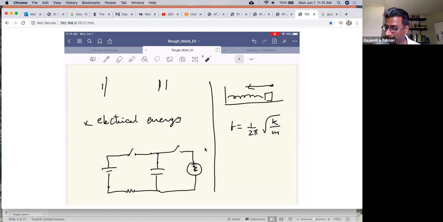This could also be a defibrillator, I guess, or anything like that, where you're trying to jumpstart somebody's heart. Those are some of the uses that we'll see for capacitors.